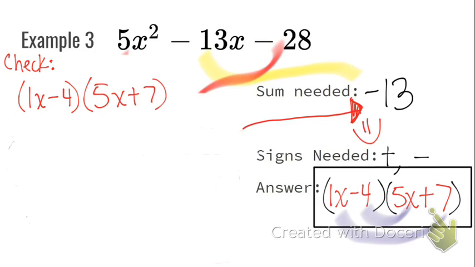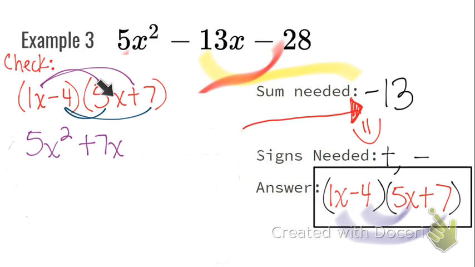So if I double distribute 1x, we have to take 1x times 5x. That gives me 5x squared. 1x times 7 is plus 7x. Double distribute the -4. -4 times 5x is -20x.